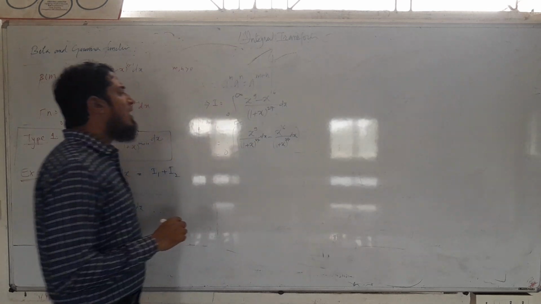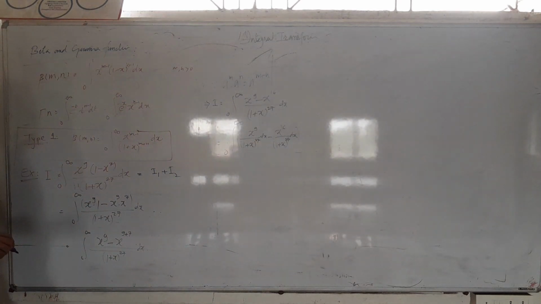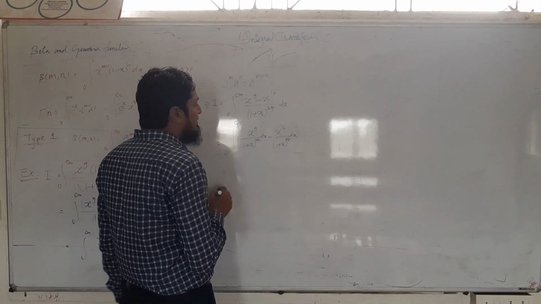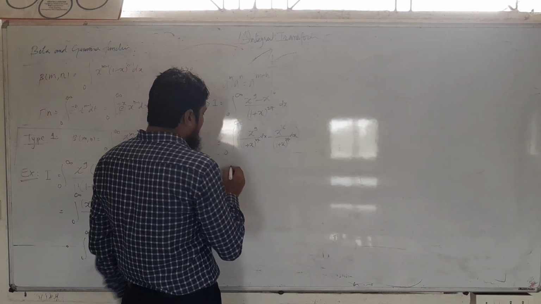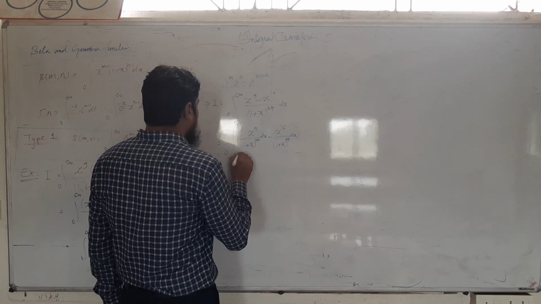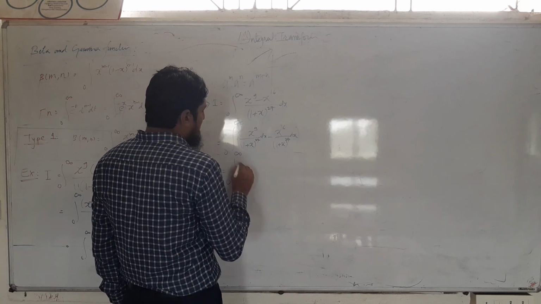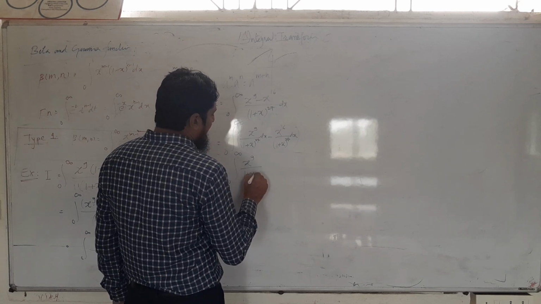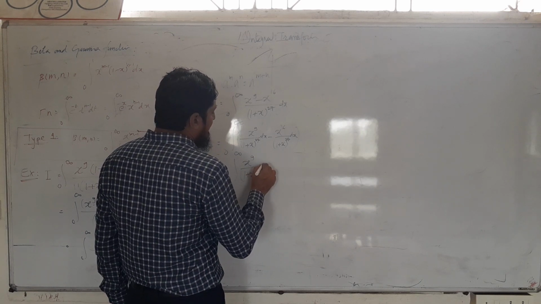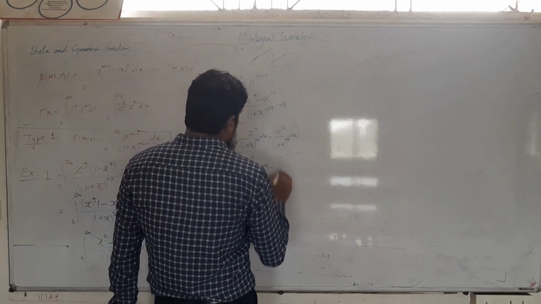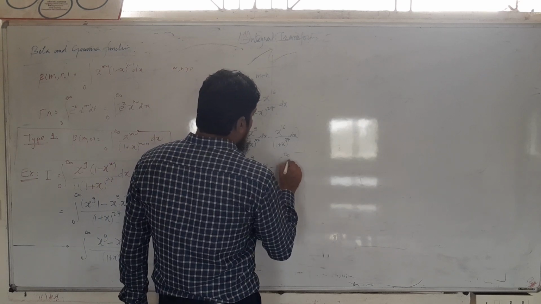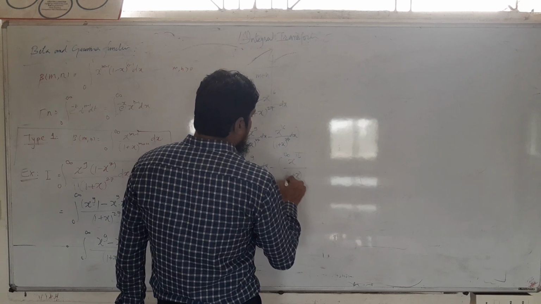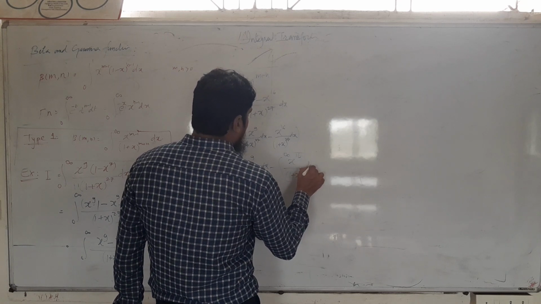Correct? And we have two different expressions in the integration, and we know that the linearity property holds in integration. So we can write this equation as integration from 0 to infinity x raised to 9 over 1 plus x raised to 27 dx minus integration from 0 to infinity x raised to 16 over 1 plus x raised to 27 dx.